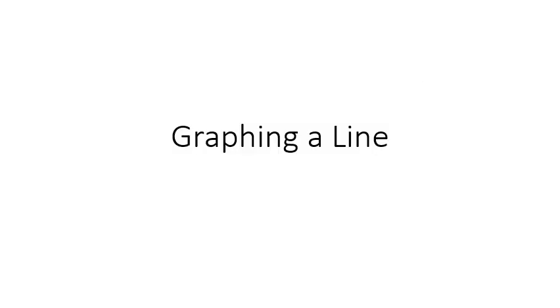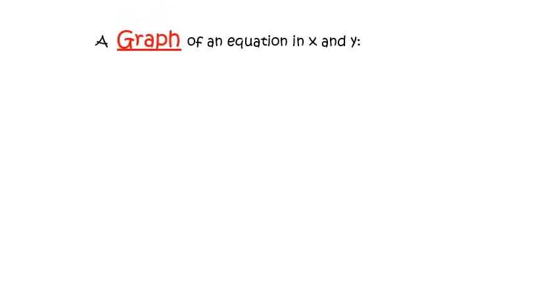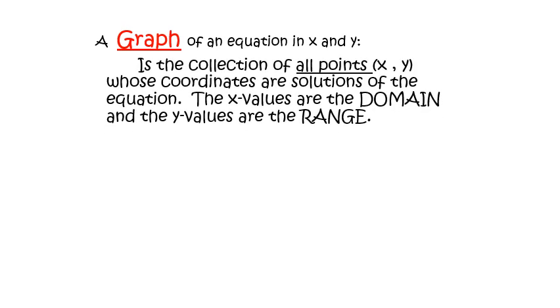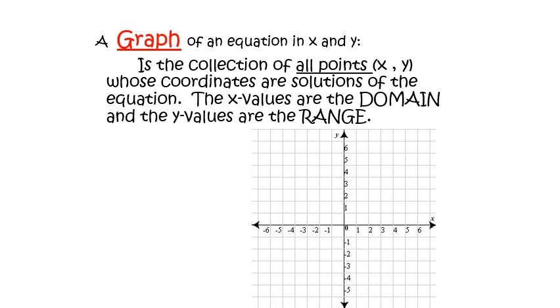Let's review graphing a line. A graph of an equation in terms of x and y is a collection of all ordered pairs. Remember, x is the domain and y is the range. So from a graph, there are sets of many ordered pairs that comprise our line.